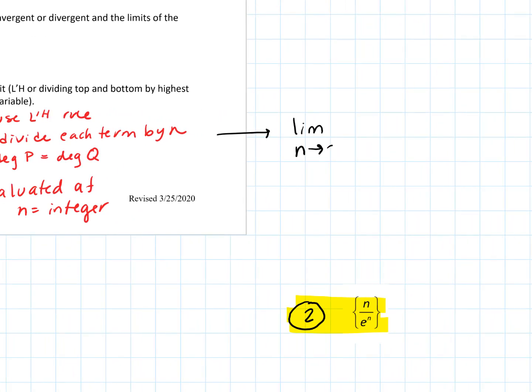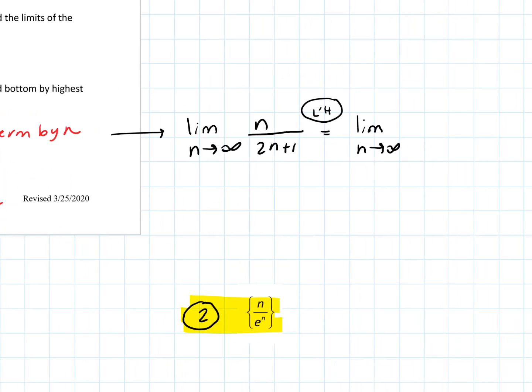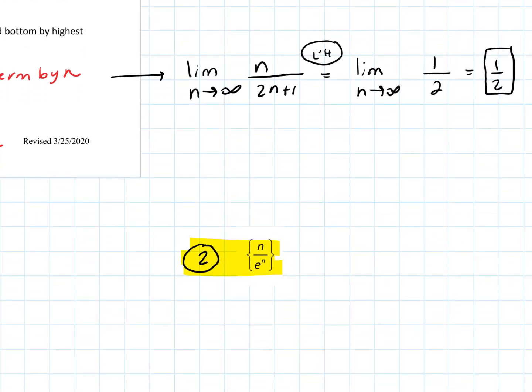When we take the limit as n approaches infinity of n over 2n plus 1, and most of us have gotten pretty comfortable with L'Hopital's rule at this point, this becomes the limit as n approaches infinity of 1 over 2, which is of course just 1/2. Again, we could have used all of those same rules.